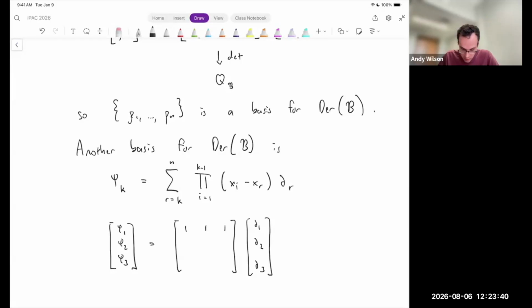When k equals 2, the point should be that this is triangular, if I've written this down right. So we get something like this. And what goes here is maybe this.